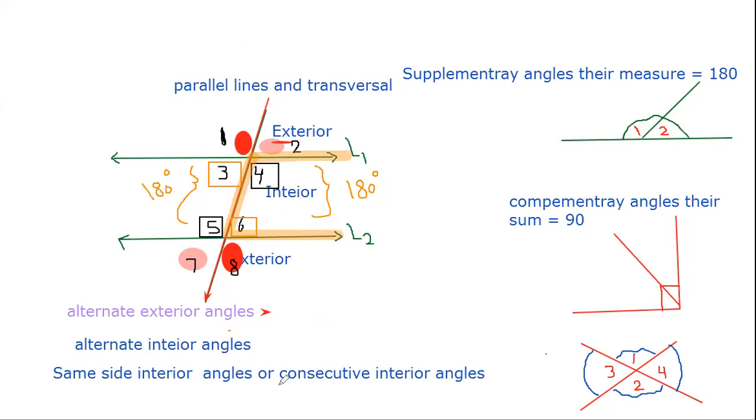For this reason, we can say that those are consecutive interior angles. Then 4 and 6, their sum together will be 180 degrees.